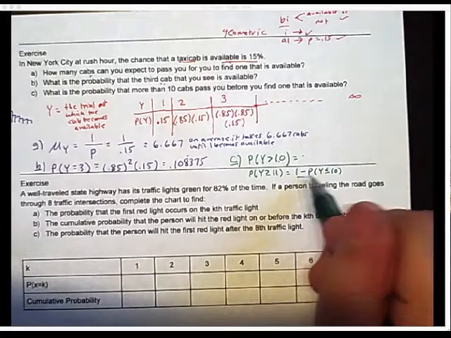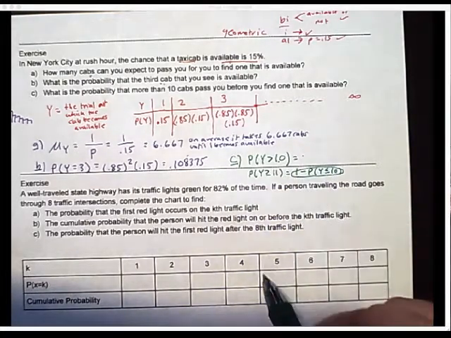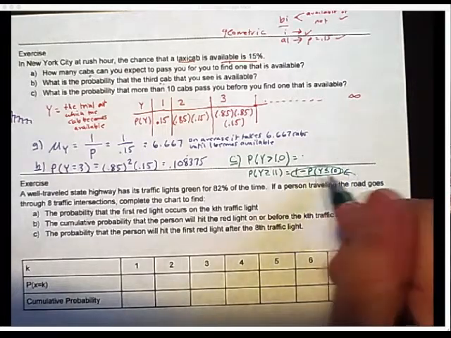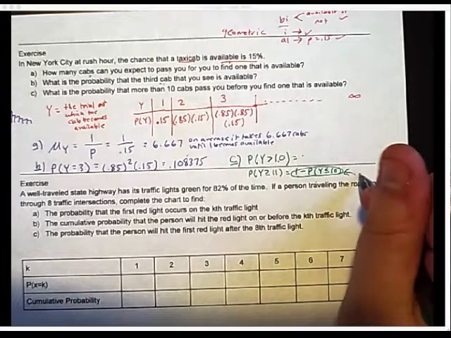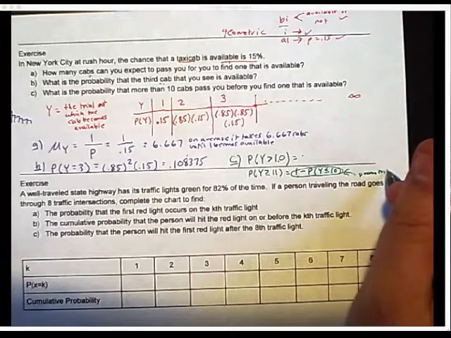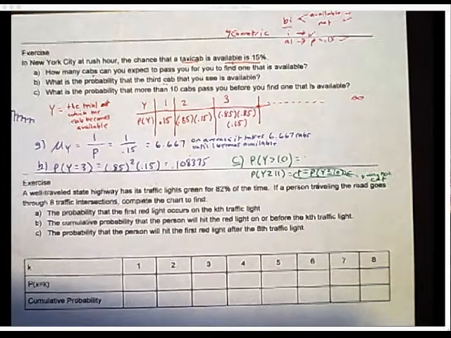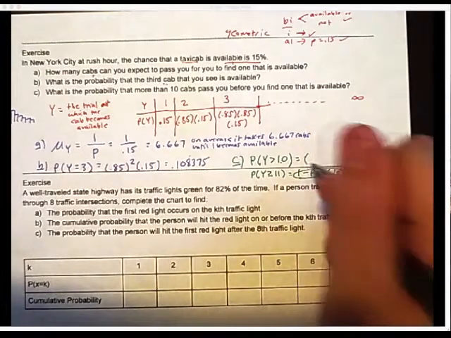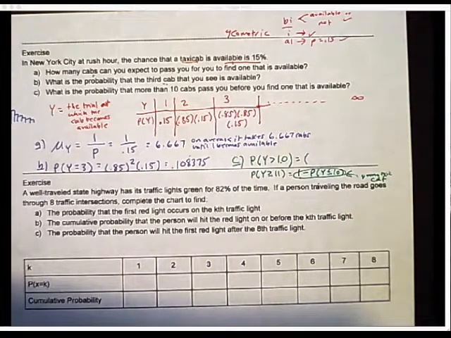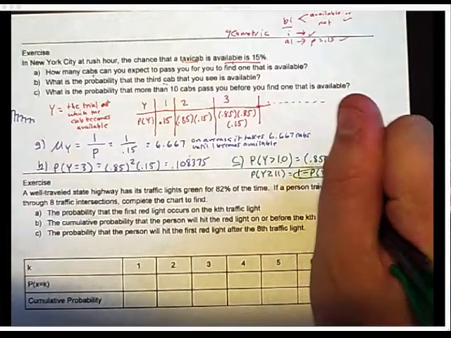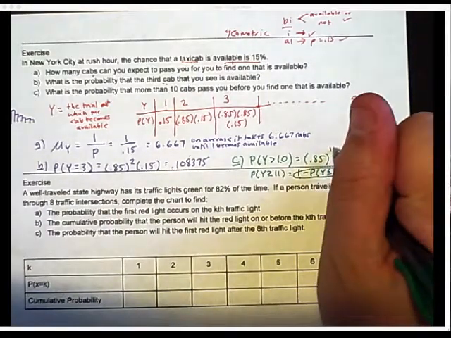So if you use this version, then you can use this part right here, the second part of that. That would be the geometric CDF. But the formula is a shorter way to go. So what's the probability of failure? Well, the probability that a cab passes you is 85%. All you got to do now is raise that to the 10th.